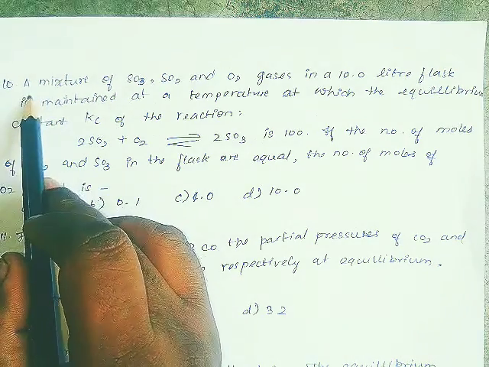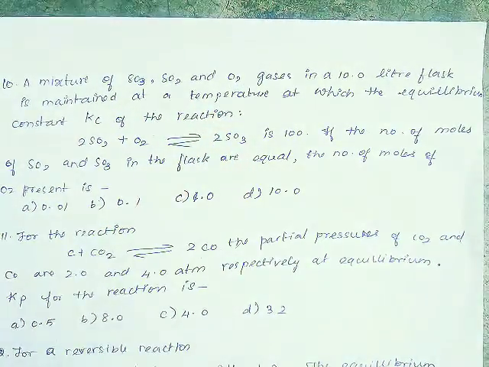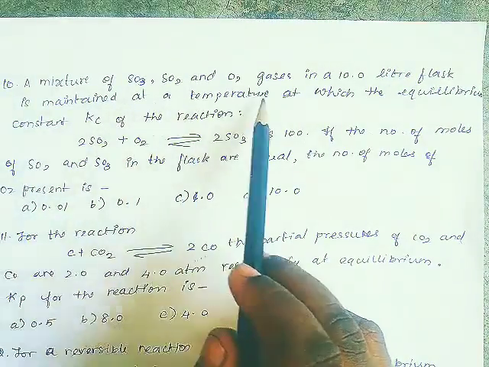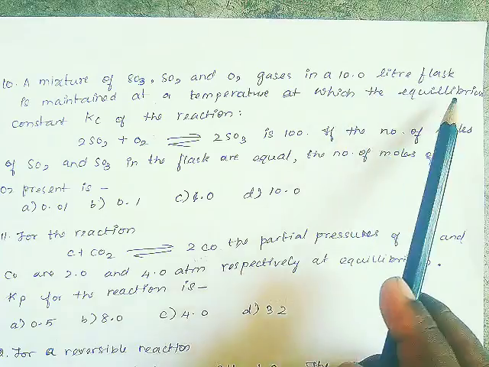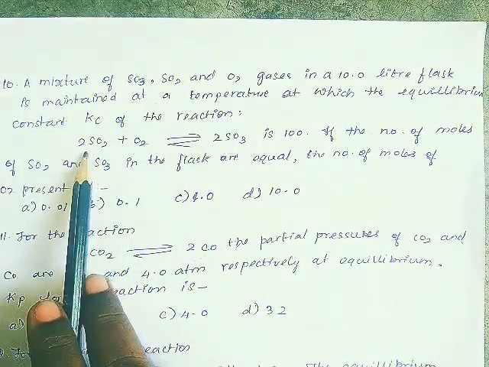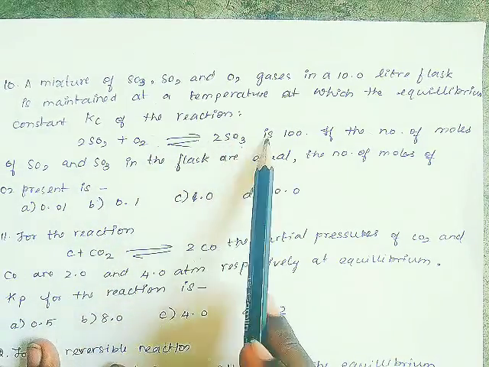Next, 10th question. A mixture of SO3, SO2 and O2 gases in a 10.0 liter flask is maintained at the temperature at which the equilibrium constant Kc of the reaction 2SO2 plus O2 gives 2SO3 is 100.